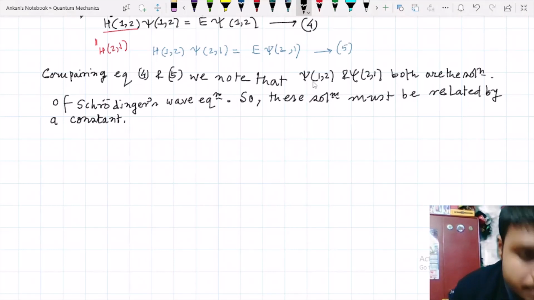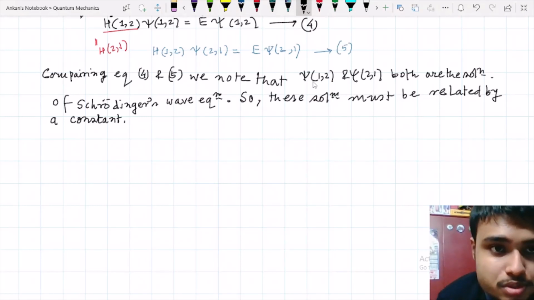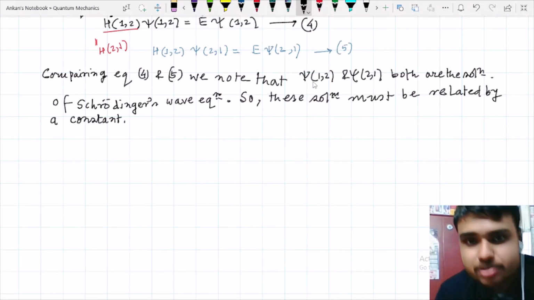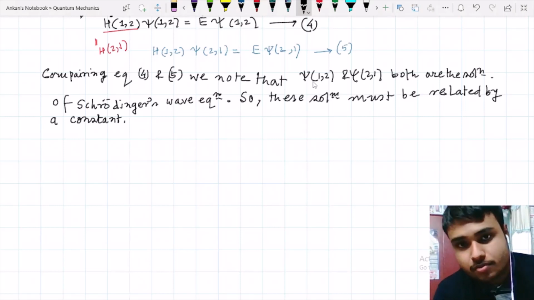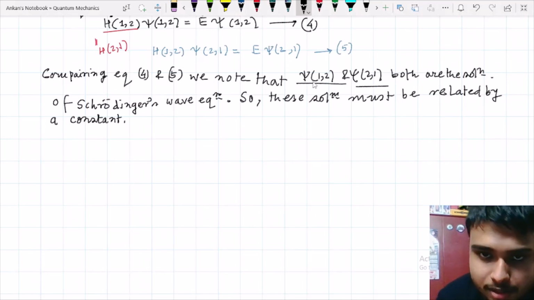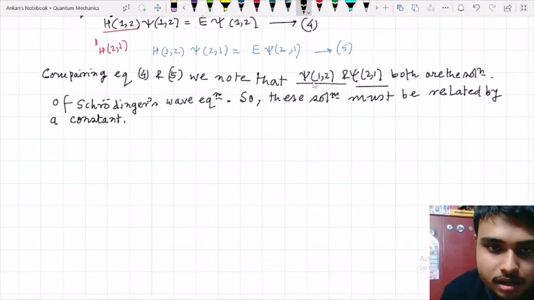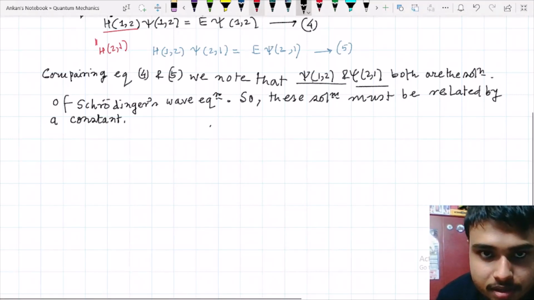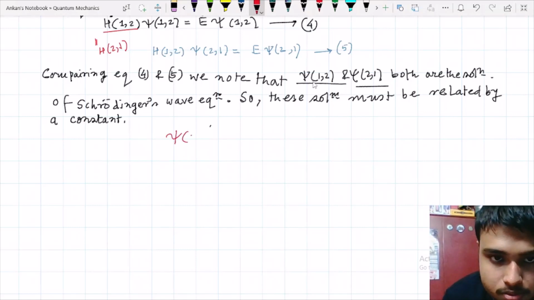Since psi 1 2 and psi 2 1 are both solutions of Schrodinger equations 4 and 5, we can relate psi 1 2 and psi 2 1 by some constant. So we can write psi 1 2 equals lambda psi 2 1.